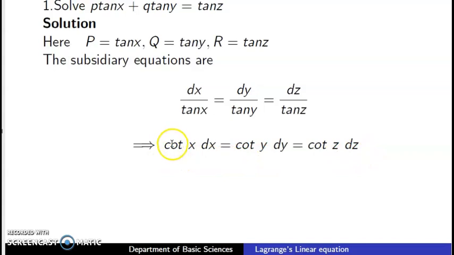Now here we are applying the method of grouping. That is possible since if you consider the first two ratios, cot x dx is equal to cot y dy, it does not contain the variable z. So first we can consider the first two ratios.